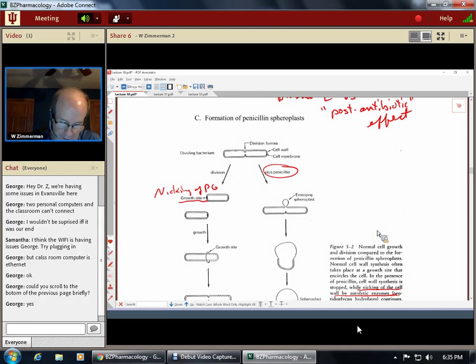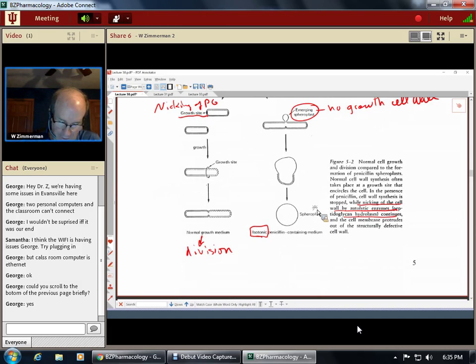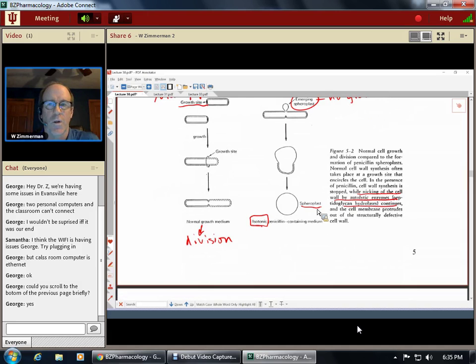We still get the nicking occurring, but there's no growth of the cell wall because the transpeptidase is inhibited, plus the binding of those other penicillin binding proteins. And with that, we can actually have a spheroplast outgrow its cell wall. What a neat oddity.